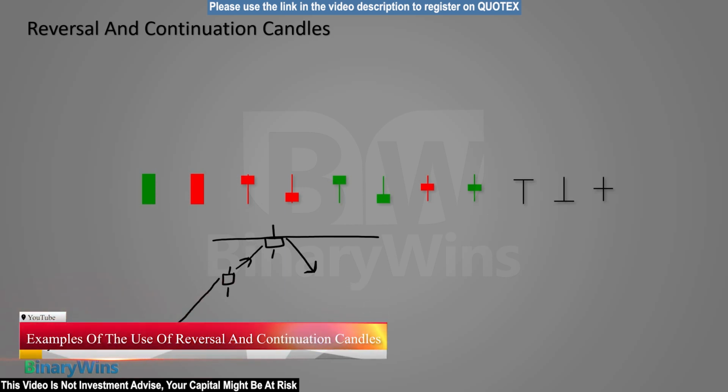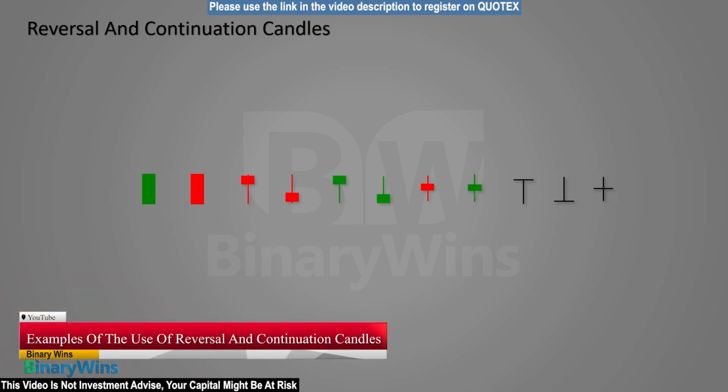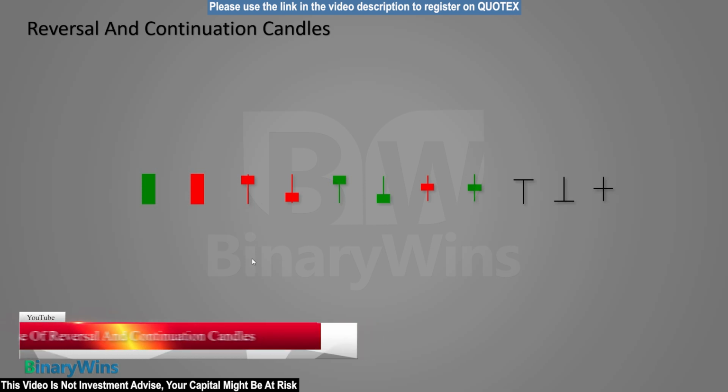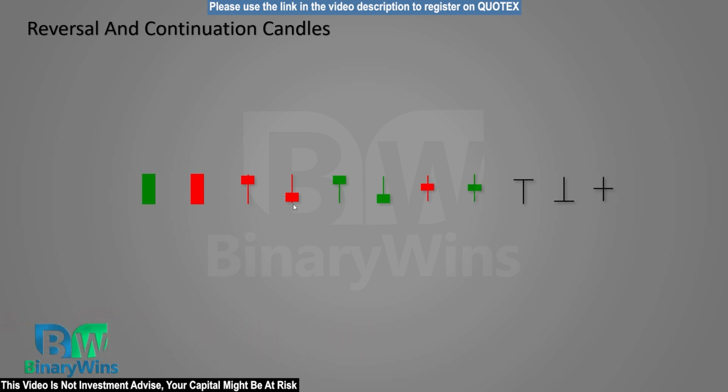Now, we want to review some examples together to give you more explanations about these candles.